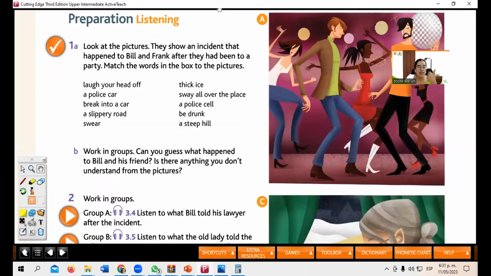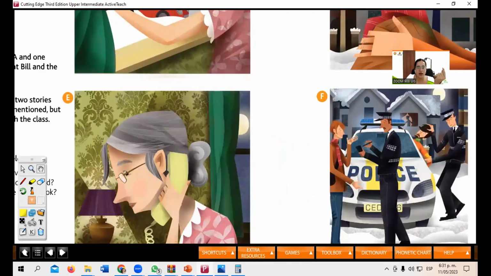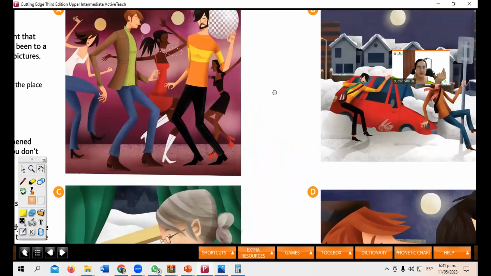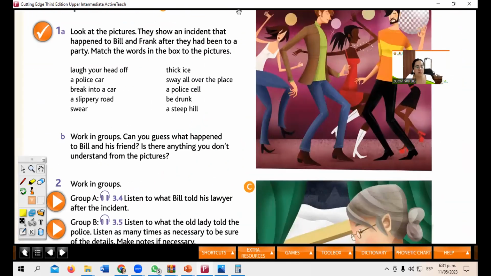Okay, then we have a police car. To break into a car. Do you understand what this means? Break into a car. Maybe a thief, a person that likes to rob other people, breaks into cars. You understand what's the meaning of this?